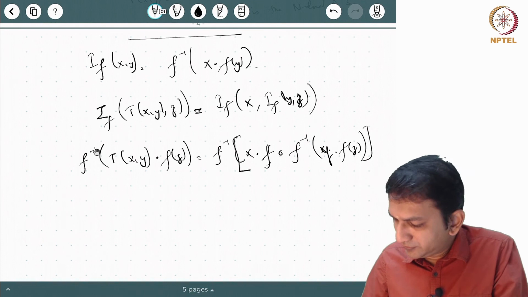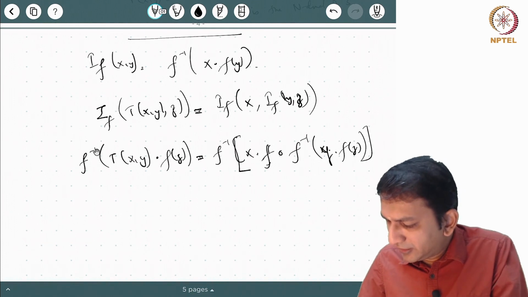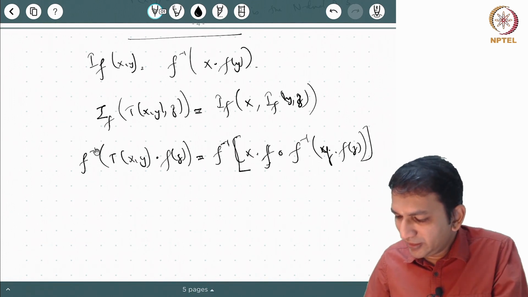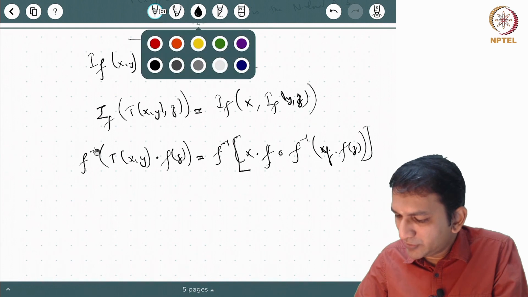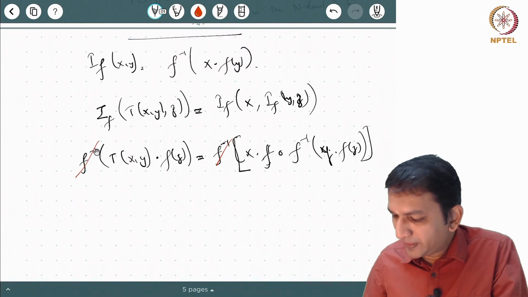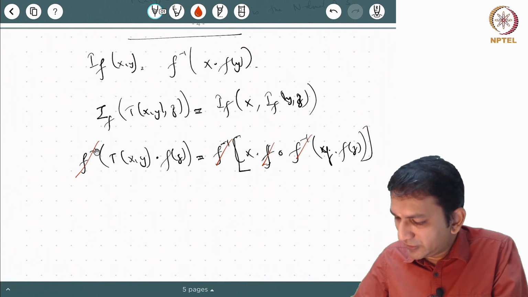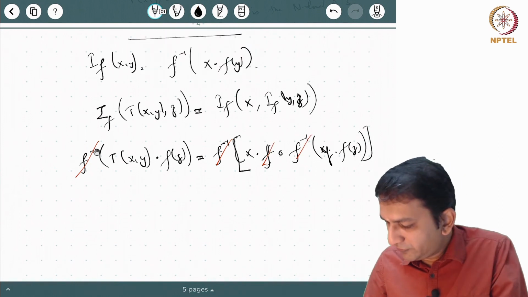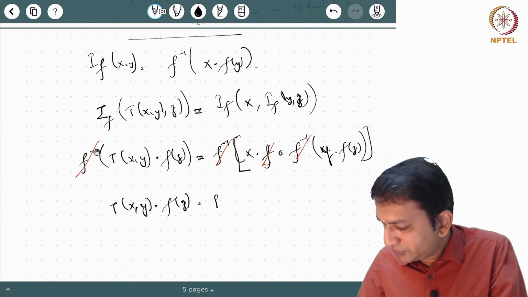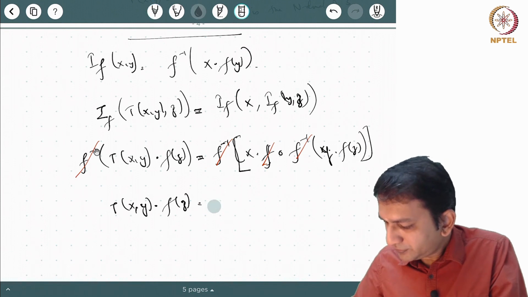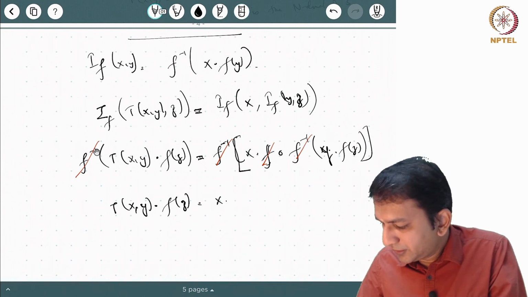Now, f we know is continuous and strictly decreasing, so we could perhaps cancel it out. This f circle f inverse, they will get cancelled. So what we are left with is T of x comma y dot f of z is equal to x dot y into f of z.